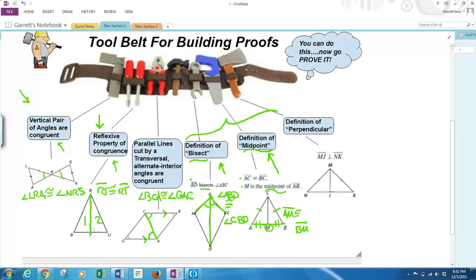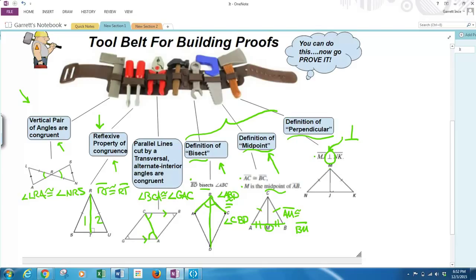Now, on to our final tool. Sometimes you'll be able to take advantage of the definition of the word perpendicular. Now, to save you a little bit of handwriting, you want to make sure that you recognize that this symbol, which looks like the beginning of a game of hangman, is the symbol for the word perpendicular. The word perpendicular means two sides or lines that meet each other and form 90-degree angles. So in this example, you're given information that side MJ is perpendicular right there to side NK.